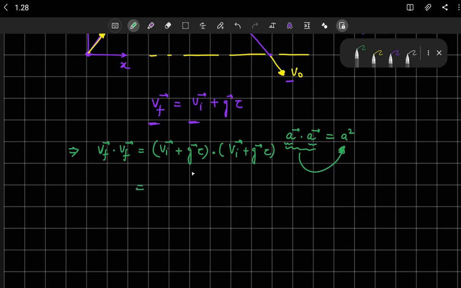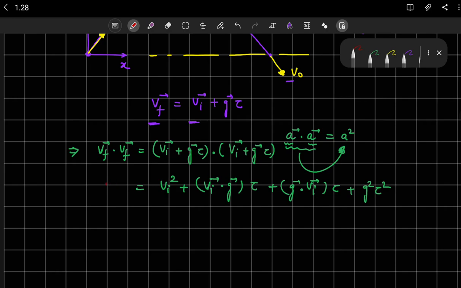So we can equate it as vi square plus v initial vector dot product with g vector into tau, plus g vector dot product with initial velocity vector into tau, plus g square into tau square. So this is the final velocity square.